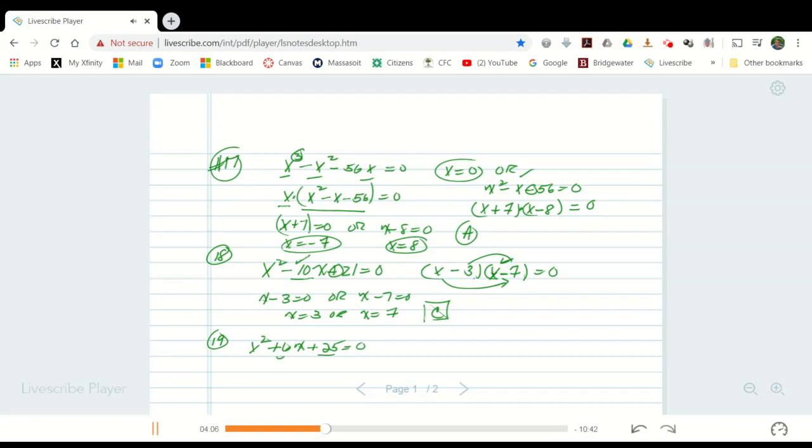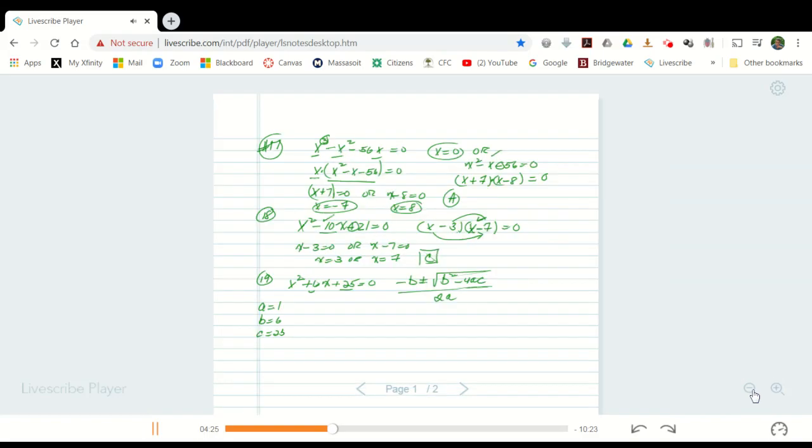So the quadratic formula: the opposite of b plus or minus the square root of b squared minus 4ac, all of this over 2a. So in our example, a is equal to 1, b is equal to 6, and c is 25. The opposite of b, the opposite of positive 6, is negative 6, plus or minus the square root. b is 6, b squared is 36, minus 4 times a times c, and a times c is 25.